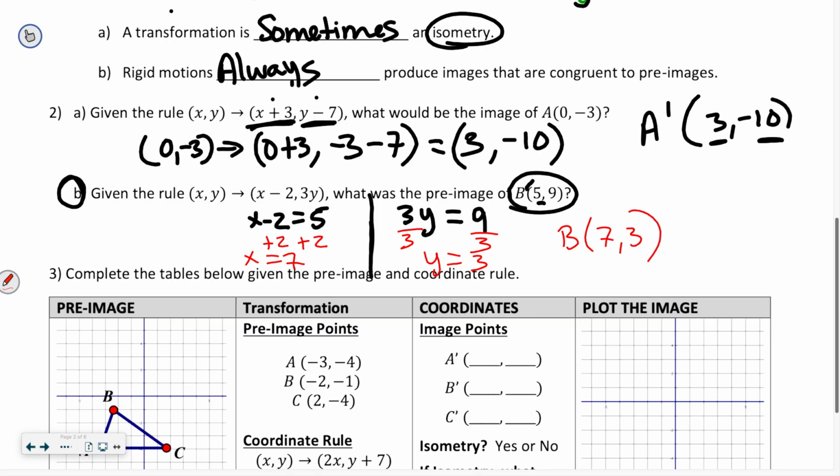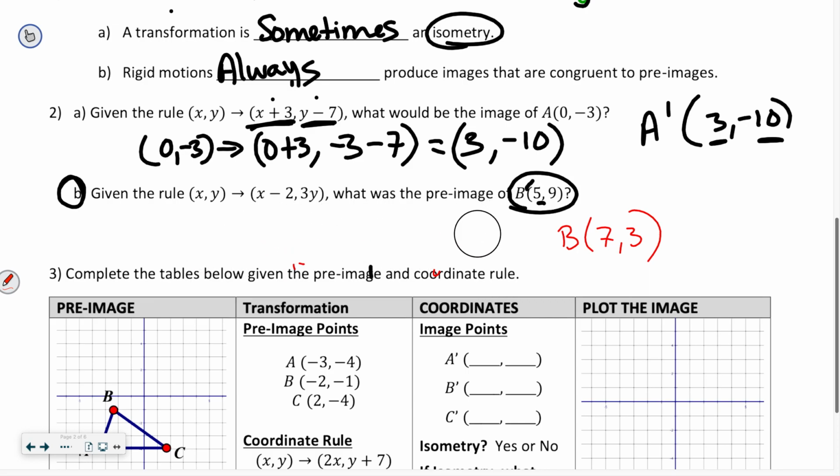How do I check if this is correct? Well, remember how we did it in part A? Now I'm looking for B prime. All I have to do is go forwards this time. Well, B is 7, comma 3. So 7, comma 3, working forwards, would be 7 minus 2, comma 3 times 3.